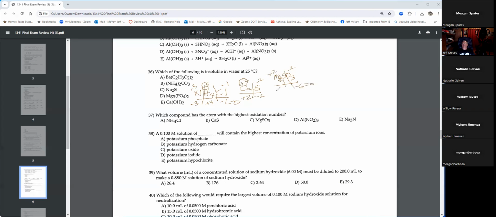Magnesium is +2. And so here is poor old sulfur. We've got a +2 and a -6. That means this guy is a +4. So far, sulfur in magnesium sulfite is the winner. Let's see if we got anything better.